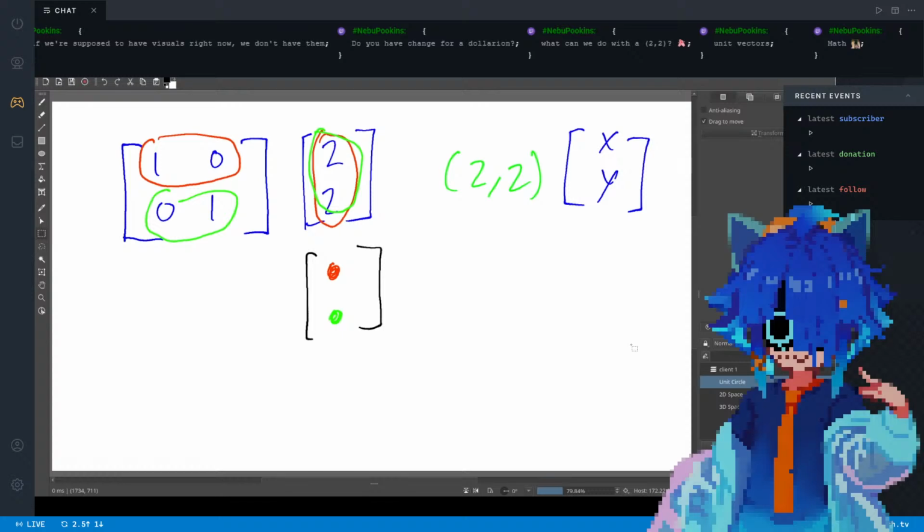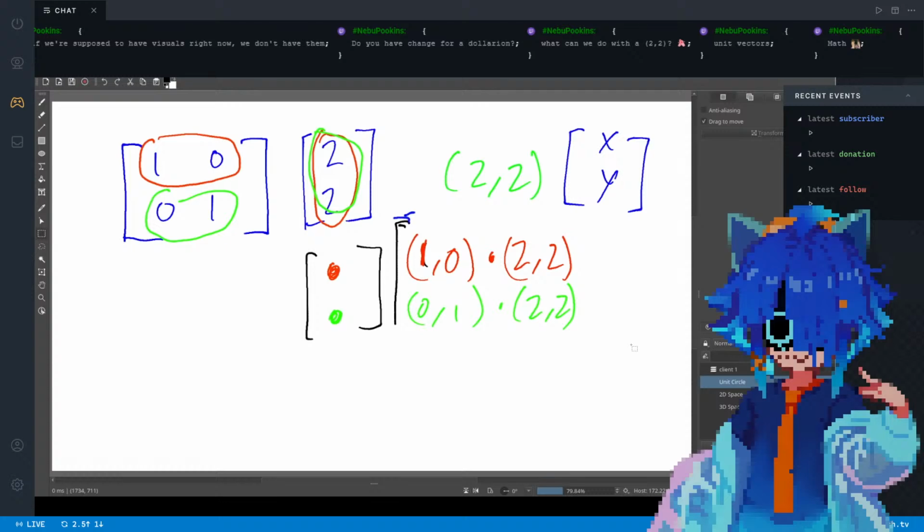So what does this look like in numbers? Well, it's like a dot product. So we dot product 1, 0 with 2, 2. And then we do the other way. So we dot product 0, 1 with 2, 2. And what does this give us?